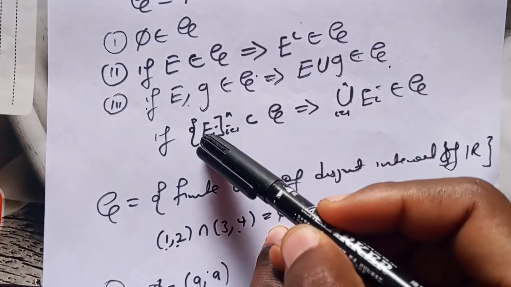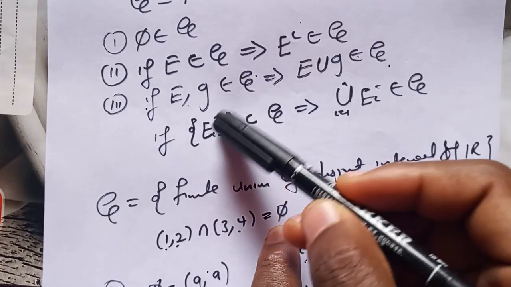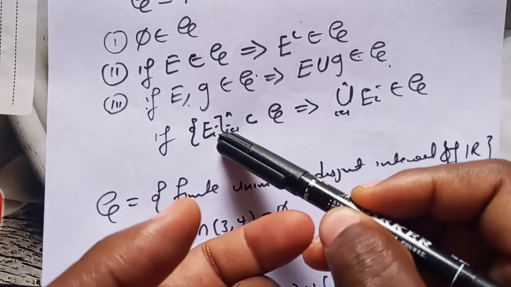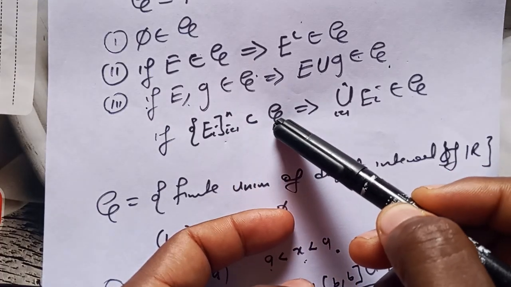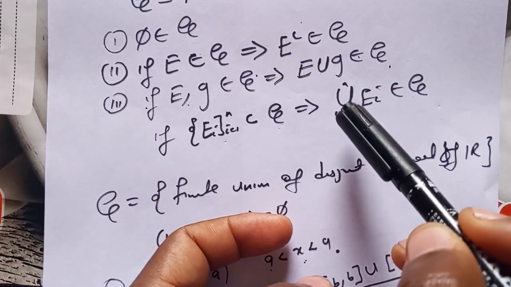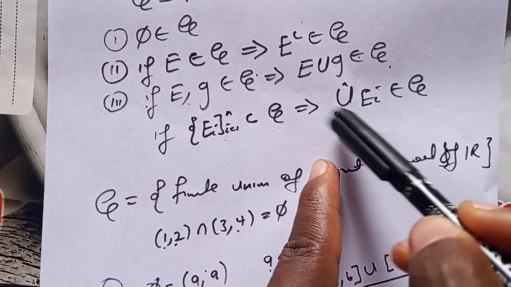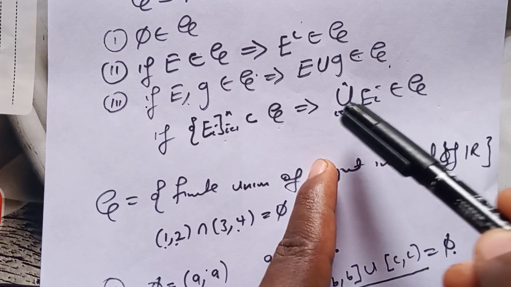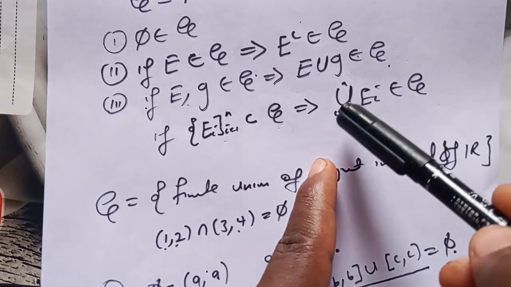Or we can say that if we have a finite sequence which is a subset of the algebra, then their finite union is also in the algebra. So the finite union might not only be two sets, it can be more than two: 3, 4, 5, 6, 7, so far as they are all finite.